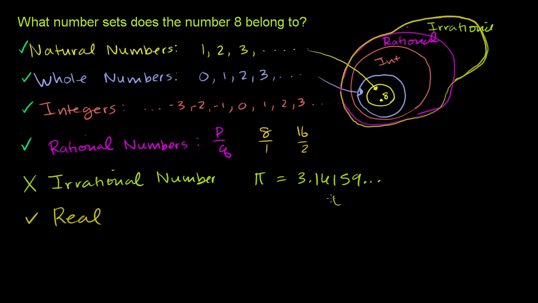And this right here is non-repeating. If it was repeating, you actually could express it as the ratio of integers, and we do that in other videos. It is non-repeating and non-terminating. So you never run out of digits to the right of the decimal point. So this would be the example of an irrational number. So pi would sit here in the irrationals. Anyway, hopefully you found that helpful.